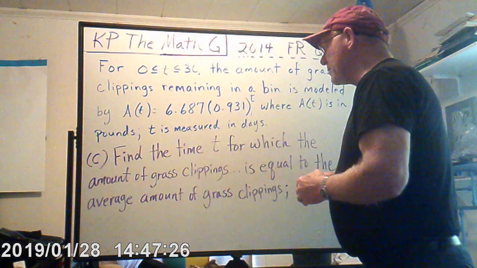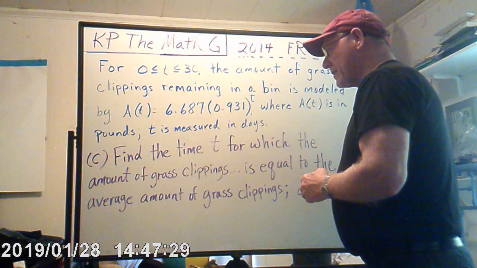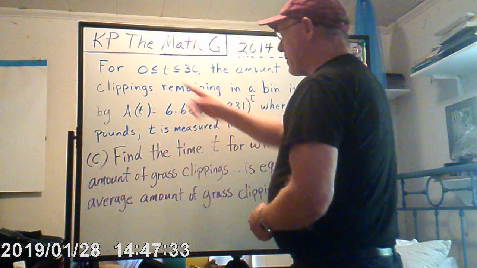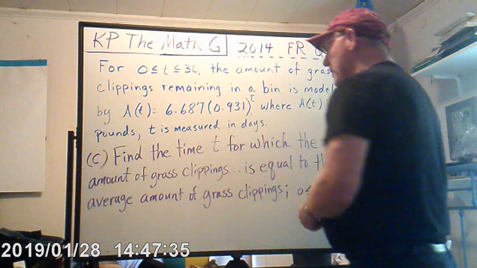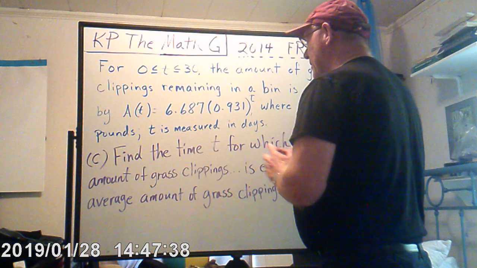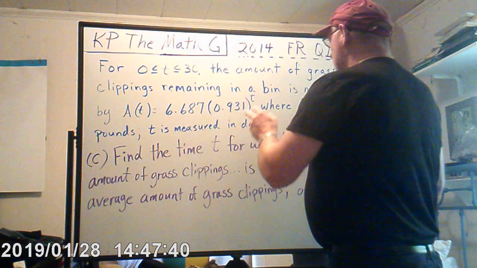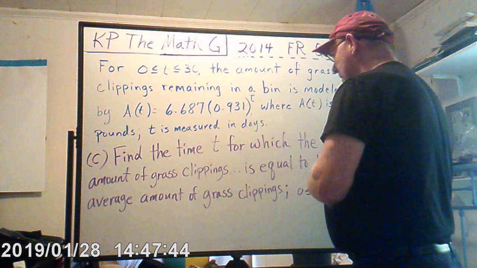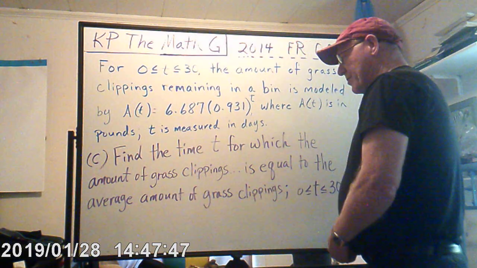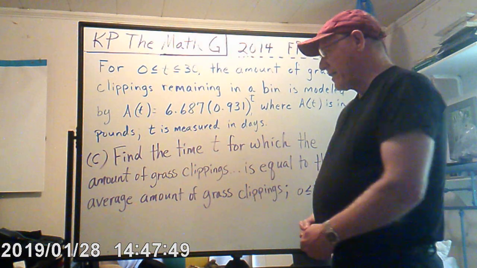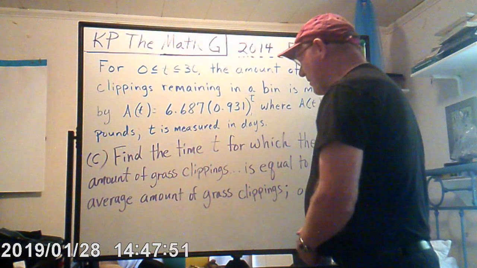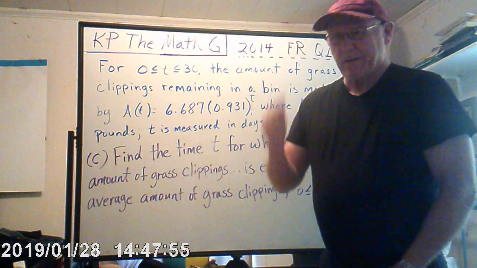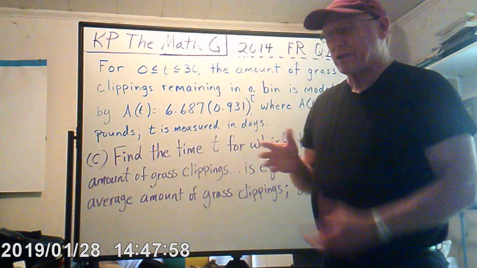It has to do with grass clippings in a bin. It says for t being between 0 and 30, inclusive of 0 and 30, and this is in days, the amount of grass clippings in a bin is modeled by A at t is equal to 6.687 times 0.931 raised to the t. My oh my, I have that one almost memorized completely.